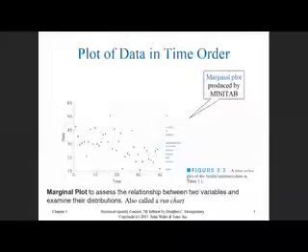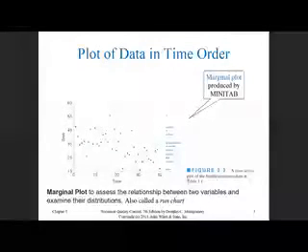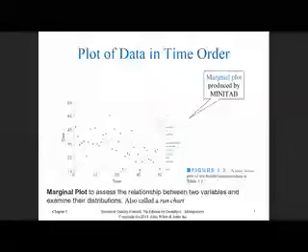Plot data in a time order. This is similar to the run chart that we have covered before. Also, they call it the marginal plot. It helps show the relation between two variables and examine their distribution, because you can see here on the right side of the figure how the distribution looks.